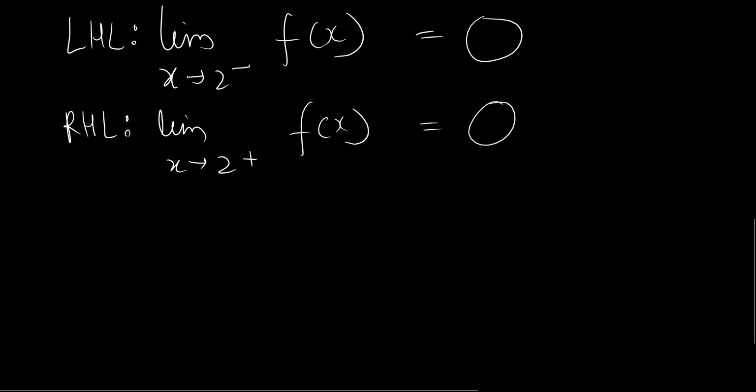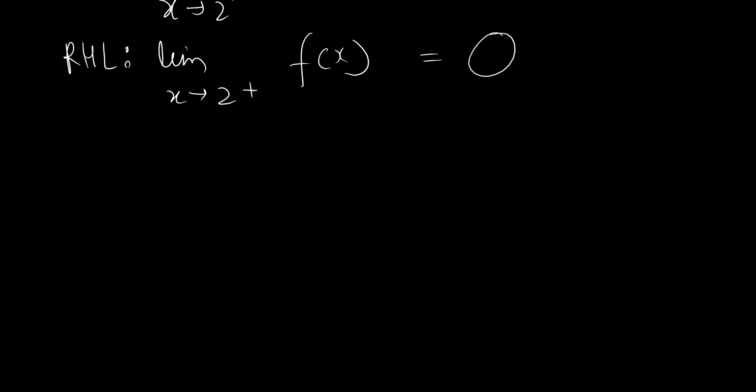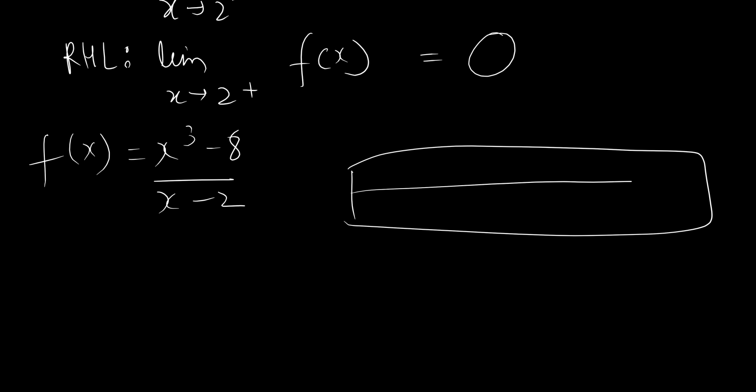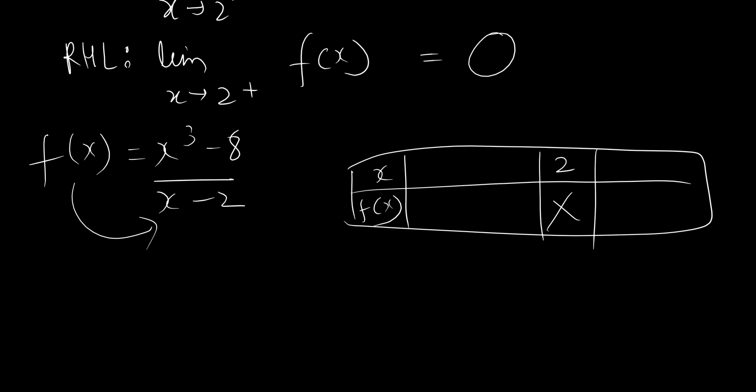So when we solve numerically, I'll write a function here so that you can see. Here is f of x, and if this is 2, the function at 2 does not exist, right? Because if you directly substitute 2 in here, it would not exist. So what we do is we take values approaching 2.